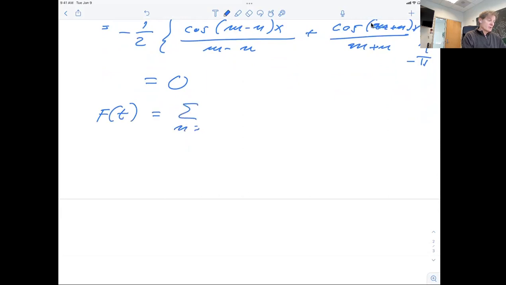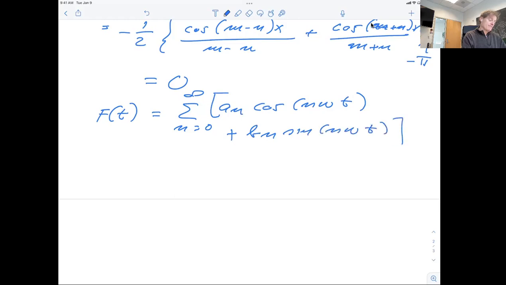We start with the sum from n equal to 0 to infinity, and then we have a of n cosine of n omega t plus b of n sine of n omega t. This is simply stating that we can represent this function in terms of an expansion given by cosines and sines, where we have two unknown coefficients, a of n and b of n.